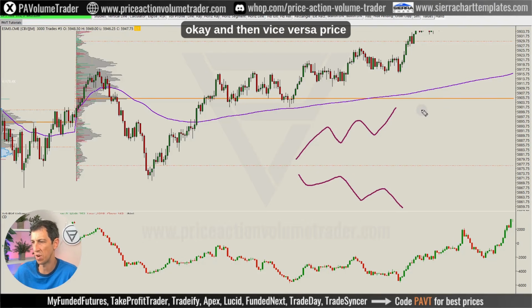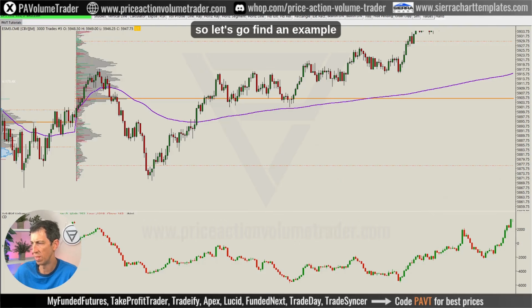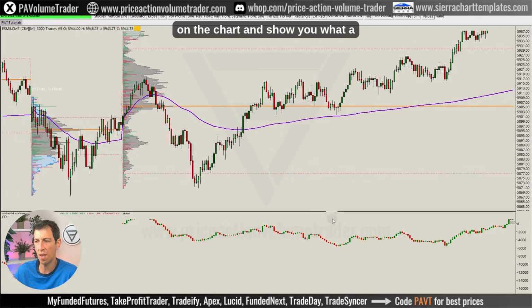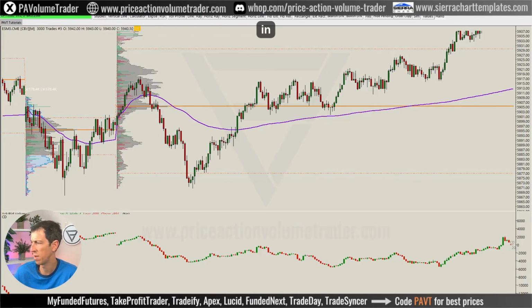And then vice versa. Price making lower lows and cumulative delta making higher lows. Okay, so let's go find an example on the chart and show you what a regular divergence would look like.